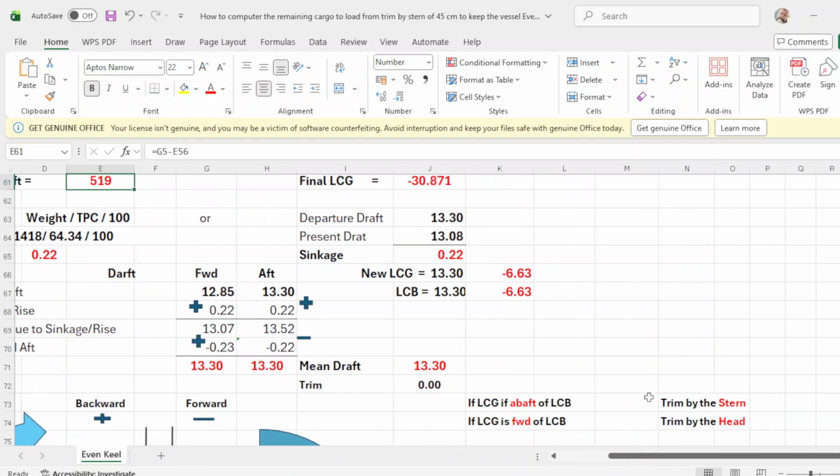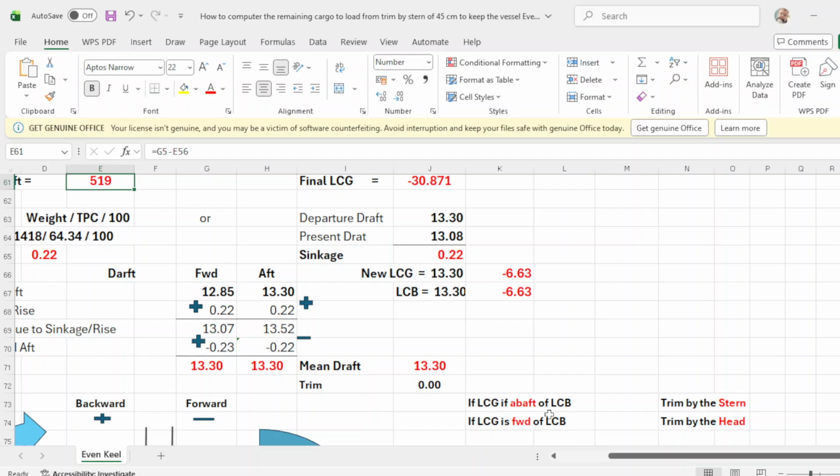Now, this message, or this theme, does not apply. If LCG is behind LCB, then you are trimmed by the stern. If LCG is forward of LCB, you are trimmed by the head.